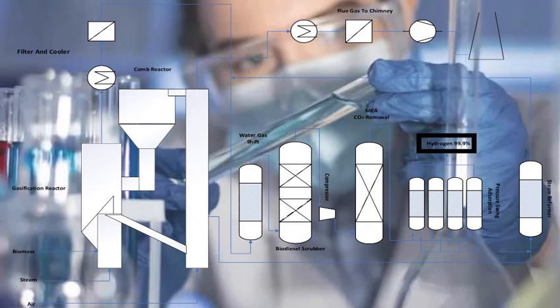Some are sent to the steam reheater to maintain process temperature. Stage 8, flue gas to chimney. Waste gases are finally directed into the chimney for safe release. Finally, the system we are seeing delivers ultra pure hydrogen gas ready for industrial or energy applications. Let's move to the next slide.